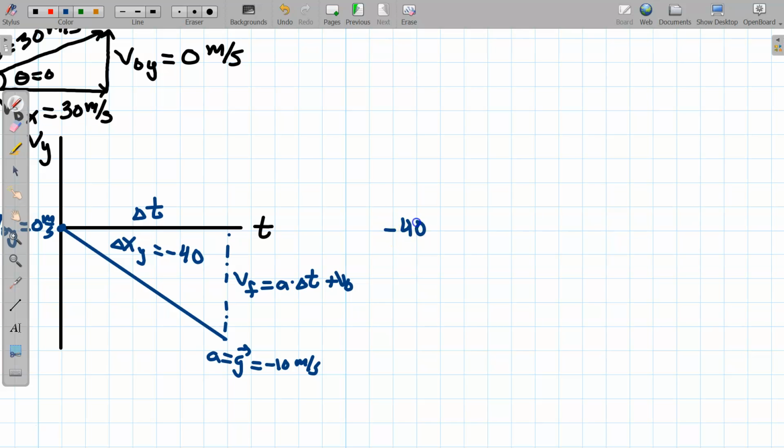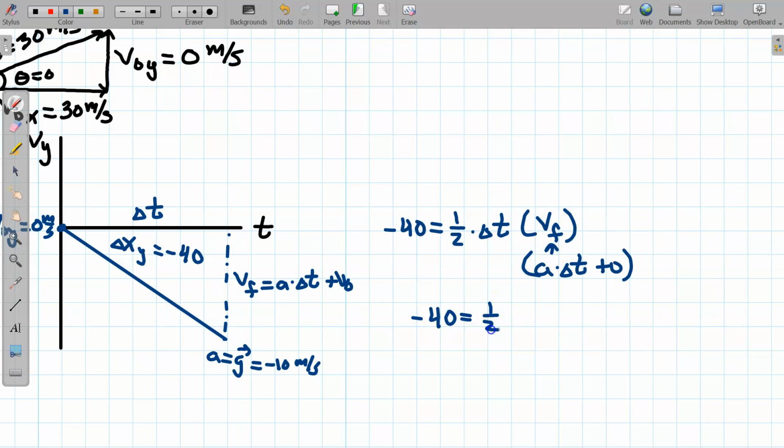Negative 40 is equal to 1/2 times delta t times VF. The VF doesn't really do me any good, and so I'm going to substitute a times delta t plus 0 in for VF. So my formula is negative 40 equals 1/2 times negative 10 for Galileo's constant times delta t squared.